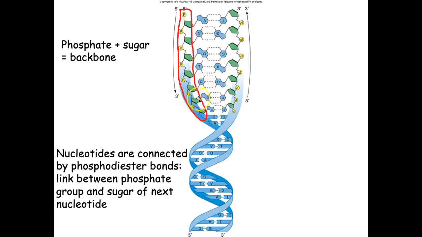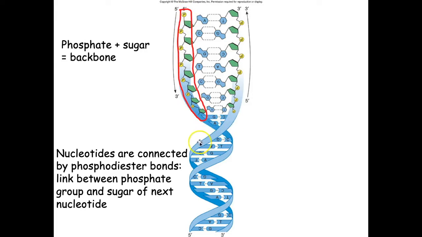These make up the structure of the DNA. This part right here is called the backbone. The backbone of DNA is made up of the sugar and the phosphate, so it is often called the sugar-phosphate backbone.